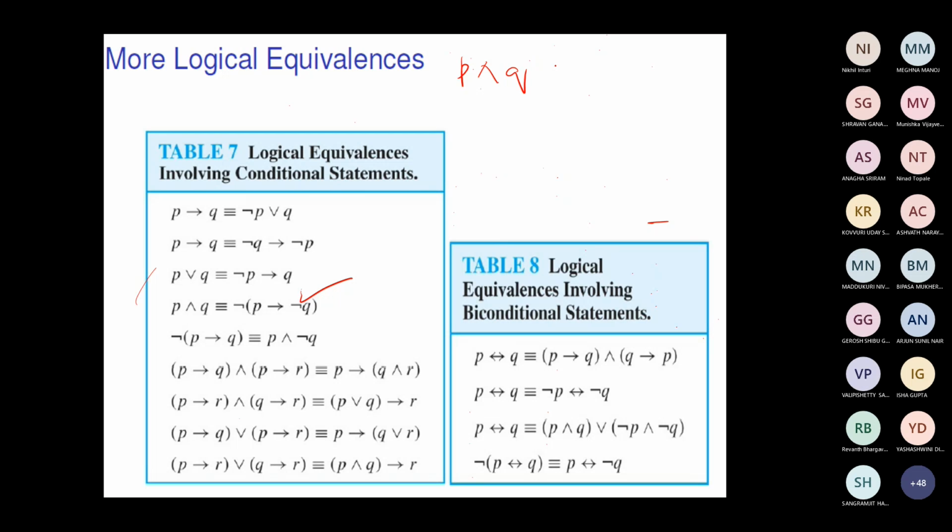P and Q is equivalent to not of P tends to not Q. Which reverse proof shall I take, the right side? Not of P tends to not Q, correct? So that is not of, can you use the law here? P tends to Q, what is P tends to Q? It is not P or, in the place of Q, here you have not Q. Now take not inside. It is De Morgan's law. You have to use De Morgan's law.